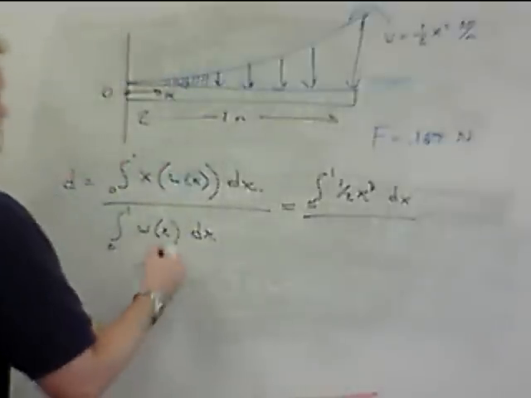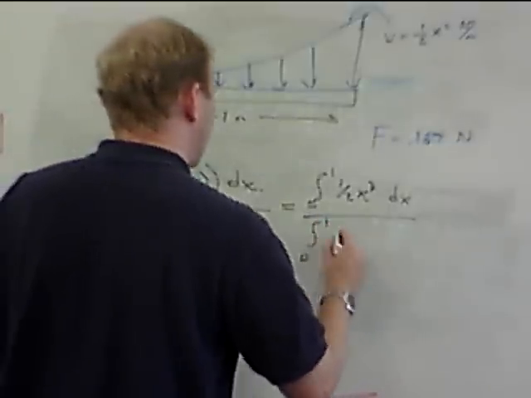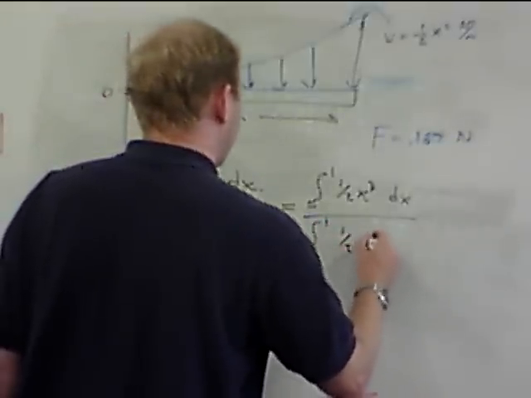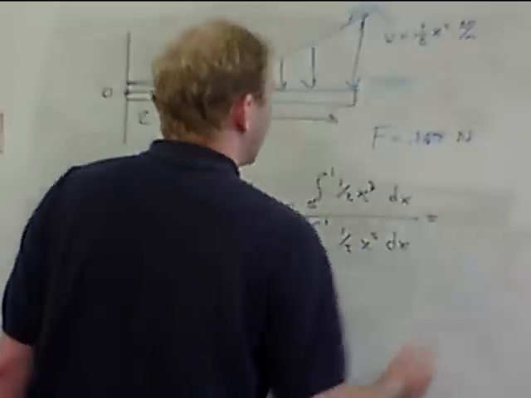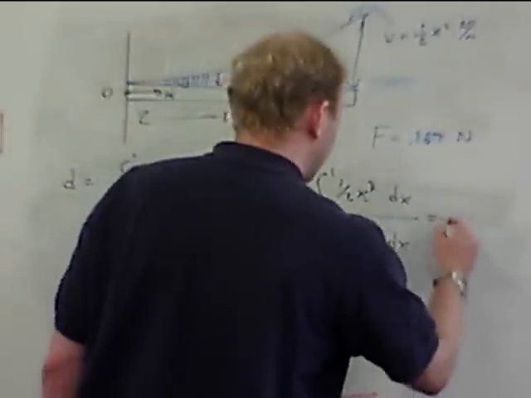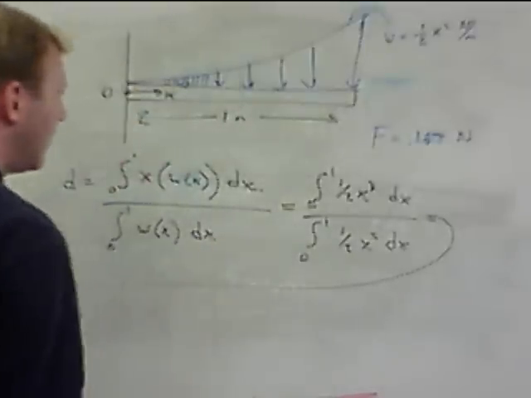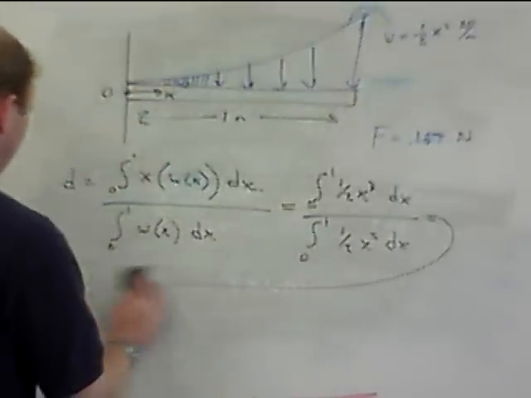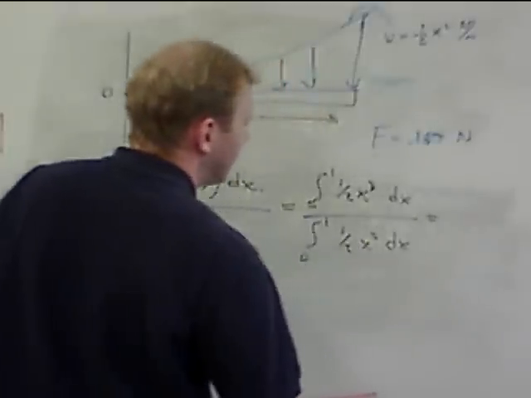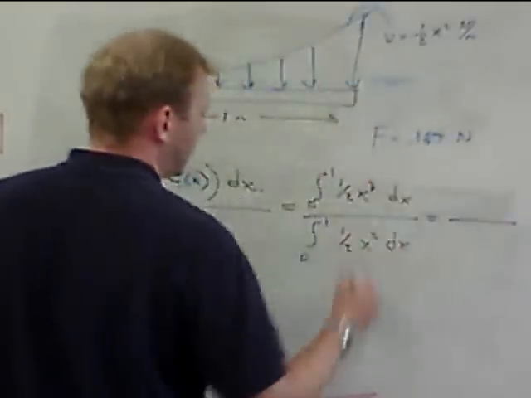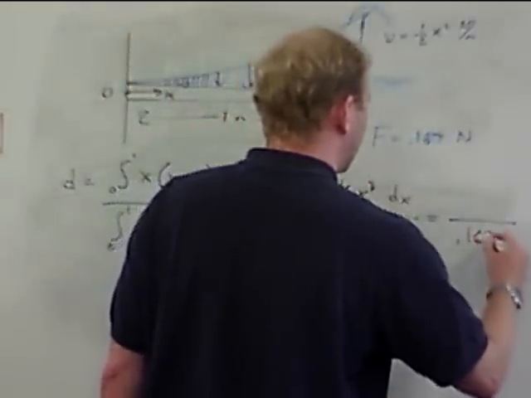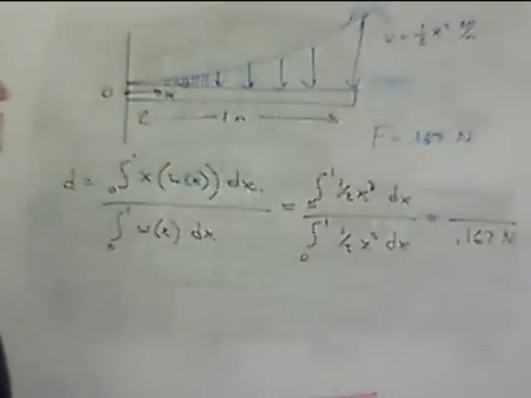The bottom is just 0 to 1 of 1/2 x squared dx. We've already evaluated this, so I'm going to bring this down here. We did that already, we found the force, 0.167 newtons. We just need to evaluate this top piece.